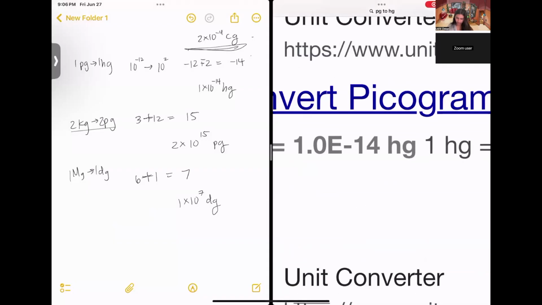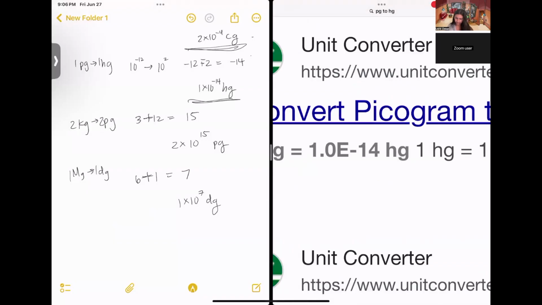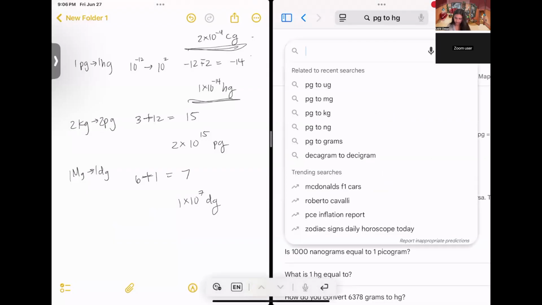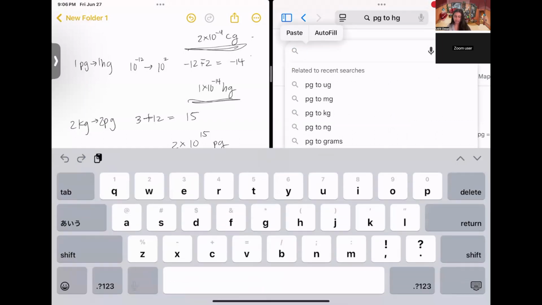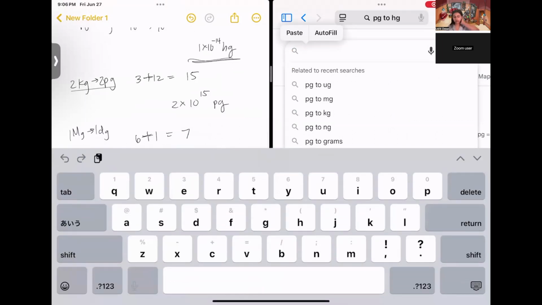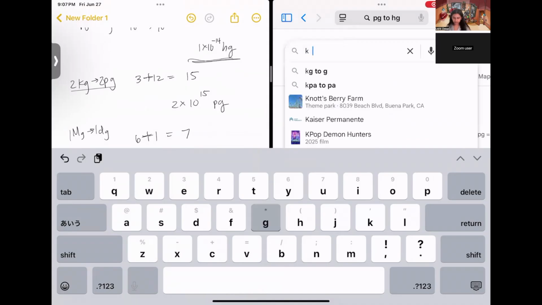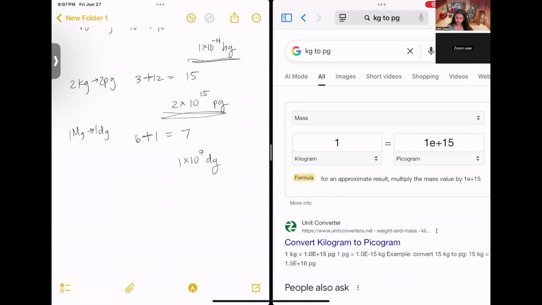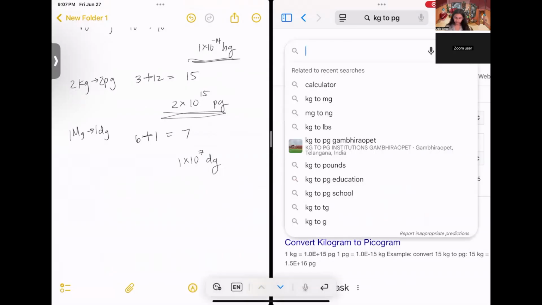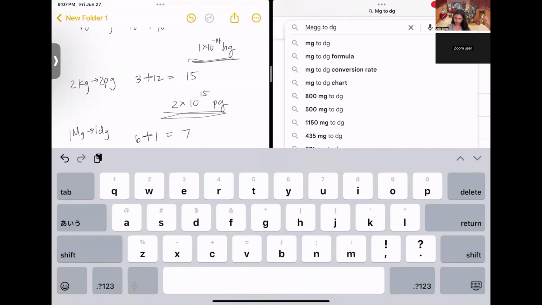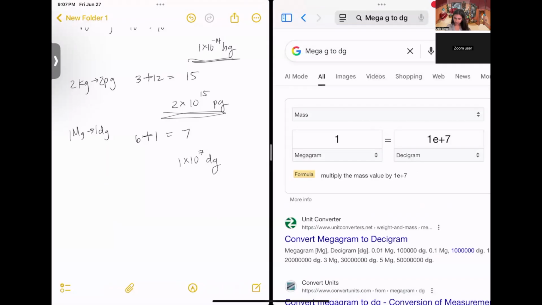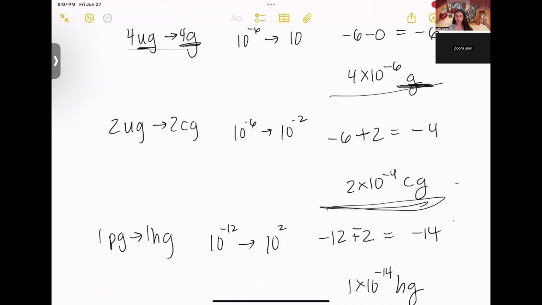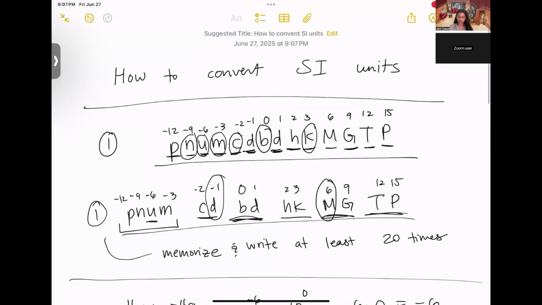Okay, to the negative 14. So the key thing is to make sure you always subtract. To the 15. To the 7. So that's how you convert SI units.